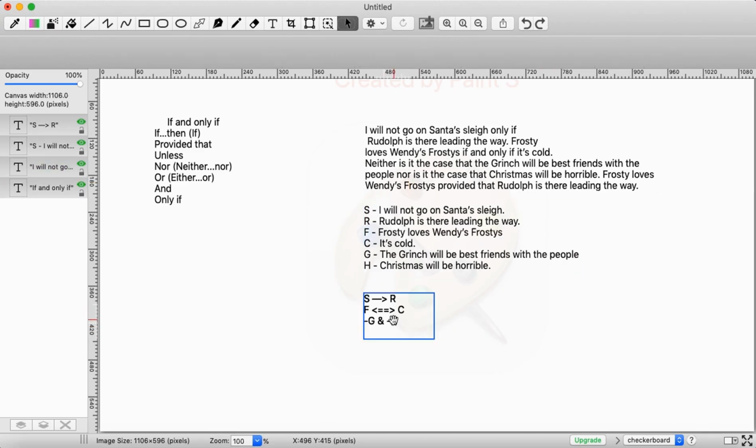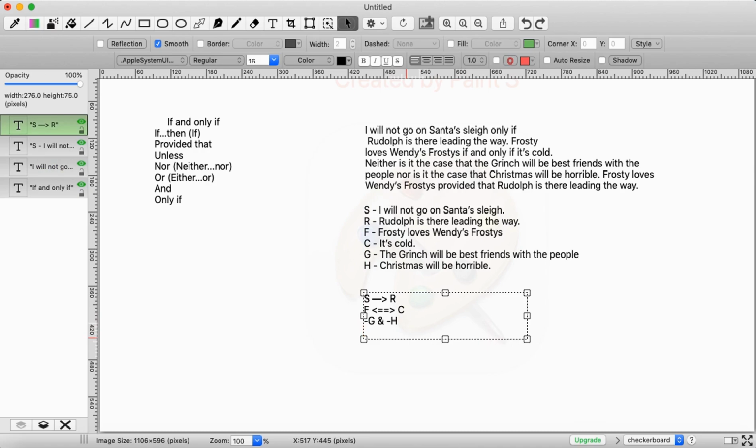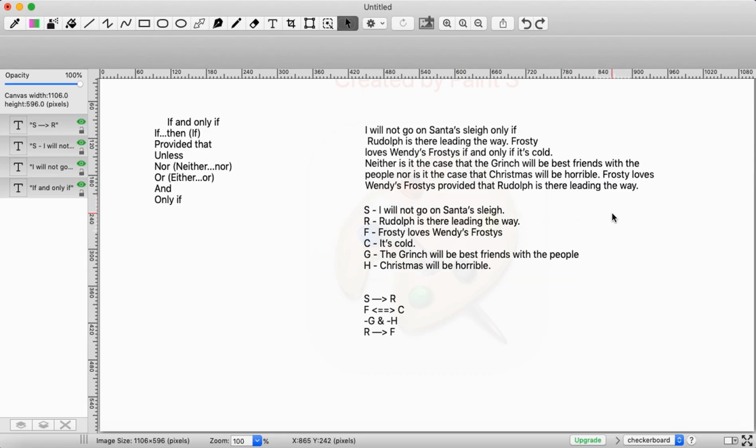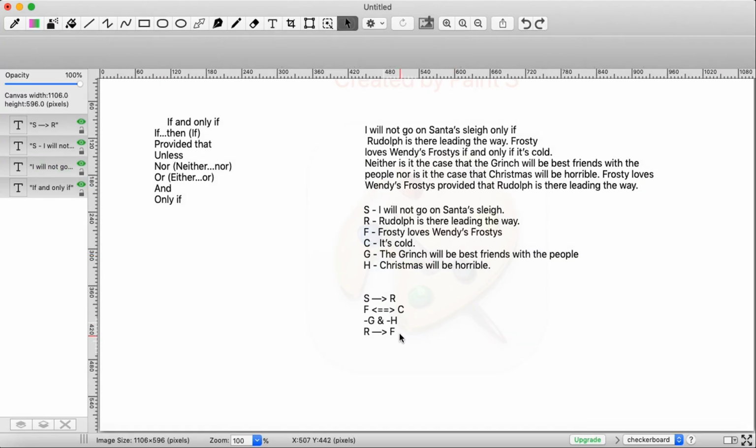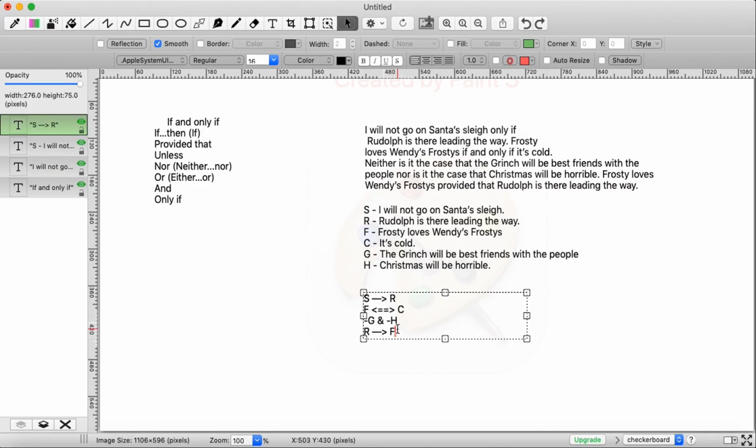I realize it, so that means this becomes R to F. And last one, that's fine. That's enough connections. I'm just going to leave the negative G and negative H by itself.